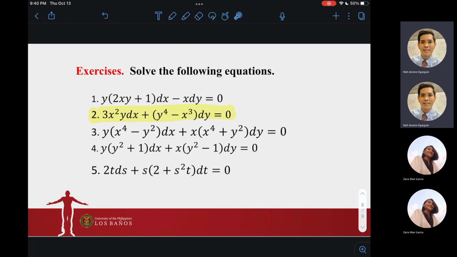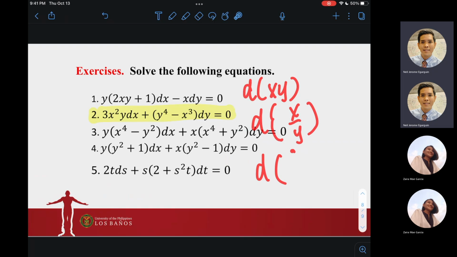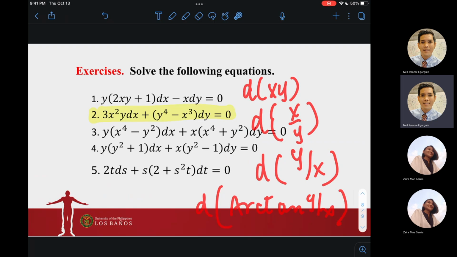Ganun lang, kailangan nyo i-expand, tapos piliin nyo sino yung may mga dx at mga may dy na pwede kong pag-partnerin. Kailangan pag-partnerin para meron tayong differential form na makukuha. Either the differential of xy, x over y, or differential ni y over x, or differential ni arctan ng y over x.